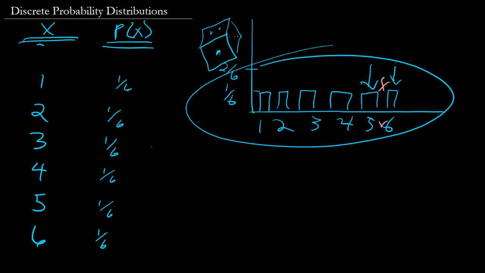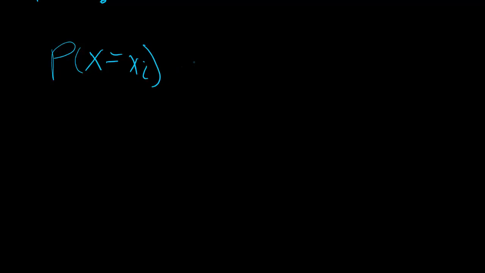The properties of discrete distributions are pretty simple. Let's go over those real quick. The probability that x will be equal to any x is equal to, yes, all the x's. So I can actually reduce.